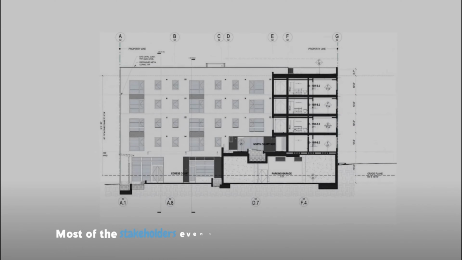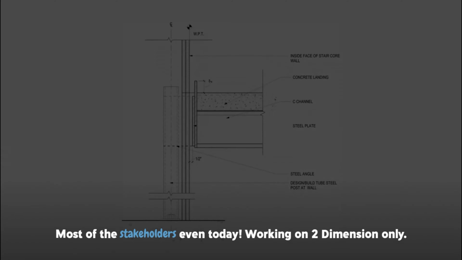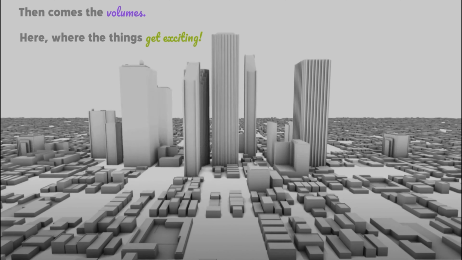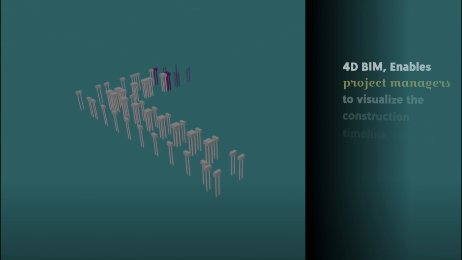Dimension is something which allows us to refer the things in a better way. Most of the stakeholders even today work in a two-dimensional only. Then comes the volume. Here is where the things get exciting. 4D BIM enables project managers to visualize the construction timeline, anticipate potential delays, and optimize the resources accordingly.